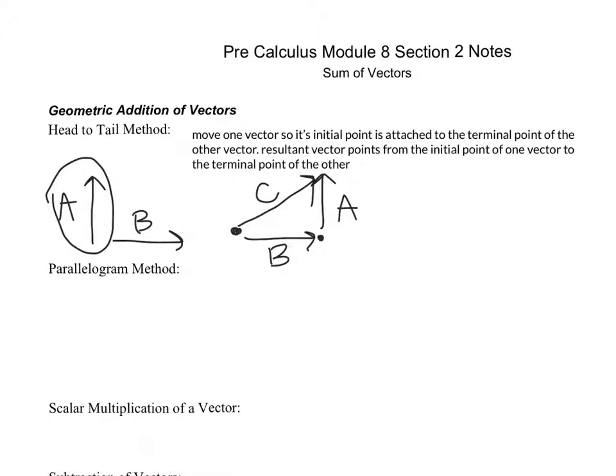The second method we have for adding two vectors geometrically is called the parallelogram method. In order to use this method, we draw the vectors so the initial points coincide.